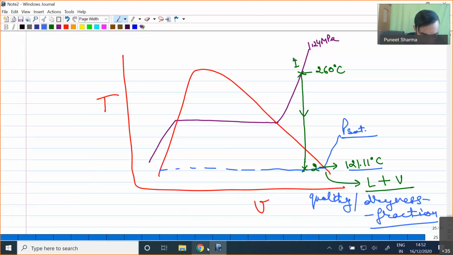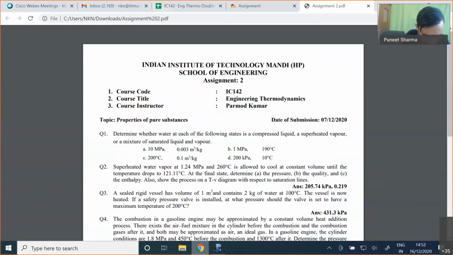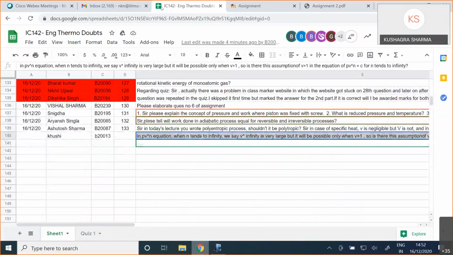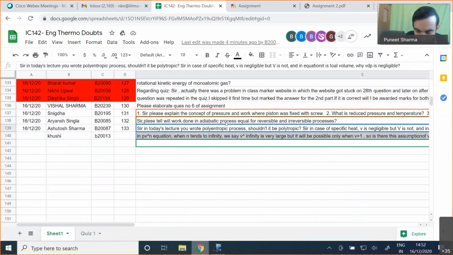Yes, the question in the quiz about the structure change. So basically, structure change happens in a chemical reaction, and inside the atomic change happens in the nuclear reaction. Am I right? Yes. If changes are there within the nucleus, then we call it nuclear energy.